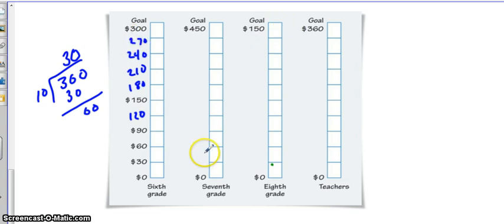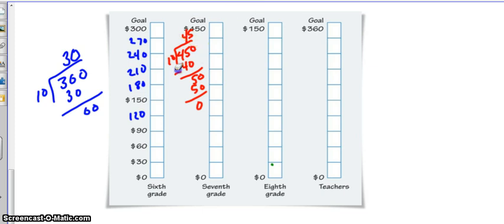And so the same way, on this goal over here for 7th grade at 450, we're going to take 450 and divide it by 10. And again, what we're going to come up with is 45. Okay, so if we do that, we still get 10 parts.